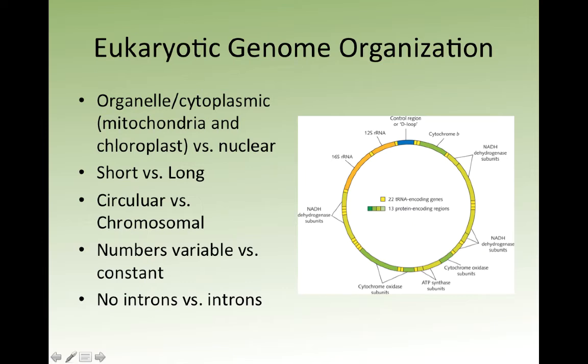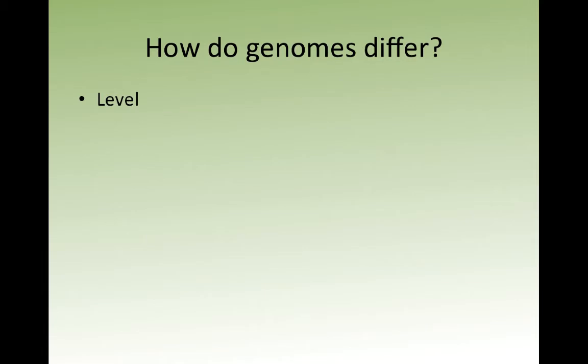A human mitochondrial genome is about 16,600 base pairs long. It's got 22 tRNA encoding genes and 13 protein coding genes, and this control region up here. And this is pretty standard for most eukaryotic genomes. There is variability among plants and fungi, though, in how these mitochondrial genes look.